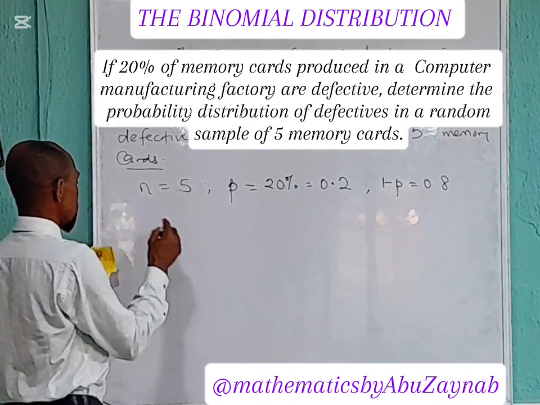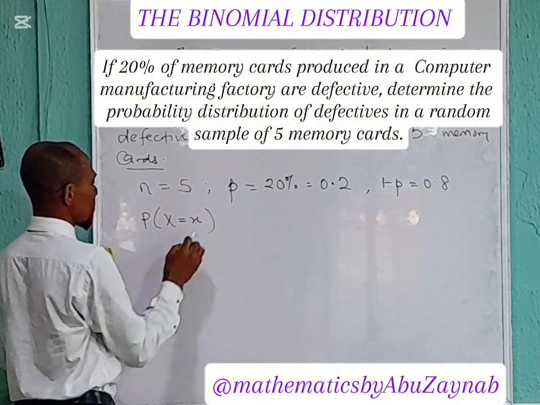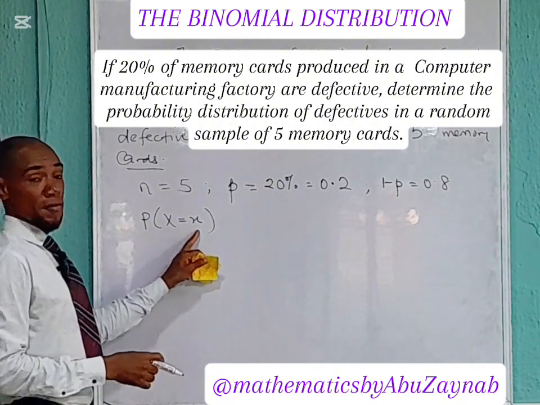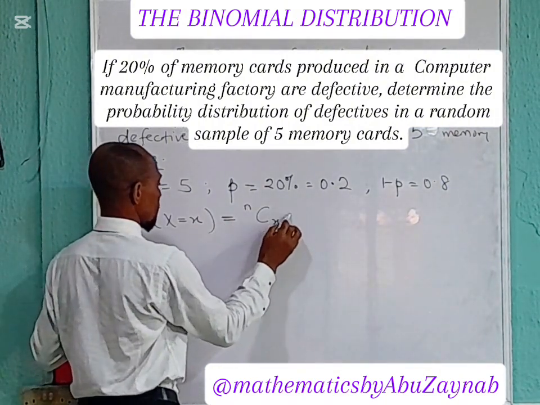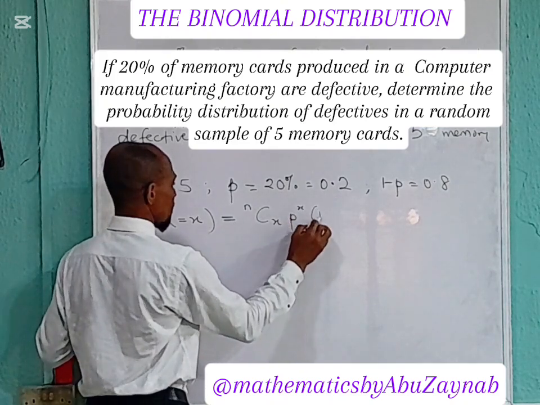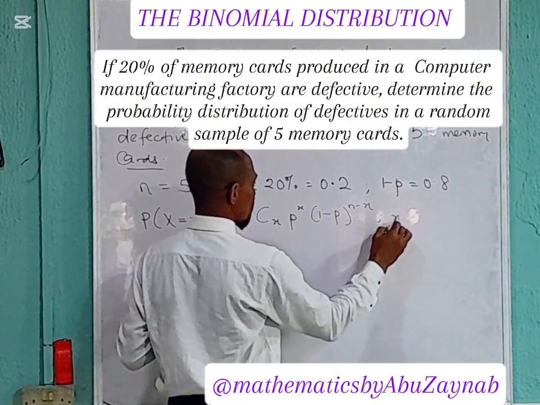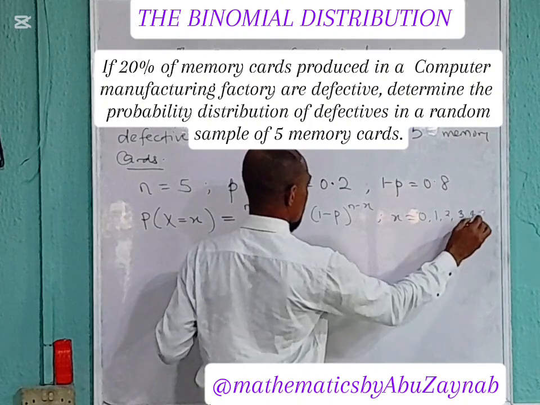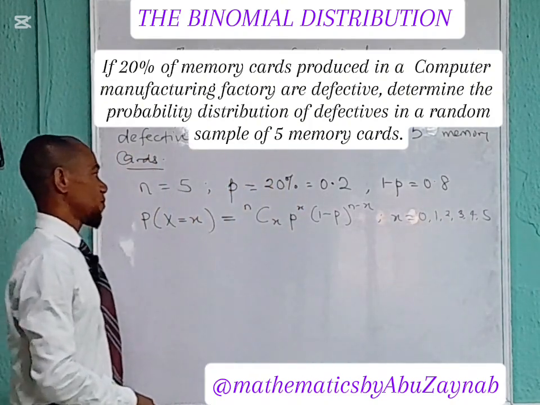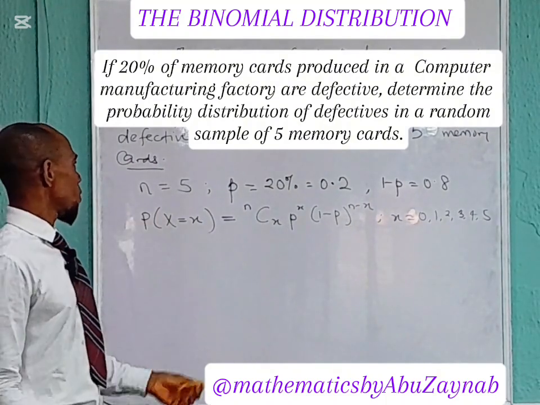If that's the case, then the probability of X equals x is given simply as n combination x, p to the power x, then 1 minus p to the power n minus x. In this case, x runs from 0 to 5, because the n is 5 here. Now, this question is asking us for the probability distribution of defectives.